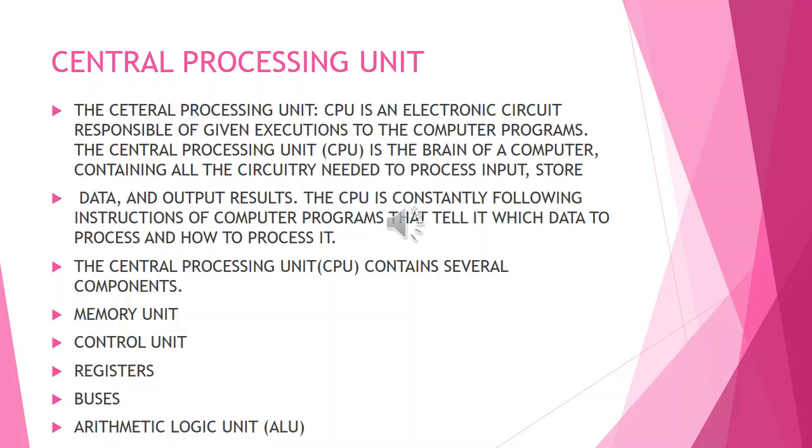The Central Processing Unit is the brain of a computer, containing all the circuitry needed to process input, store data, and output the results. The CPU is constantly following instructions of computer programs that tell it which data to process and how to process it. So this Central Processing Unit is known as an electronic circuit.